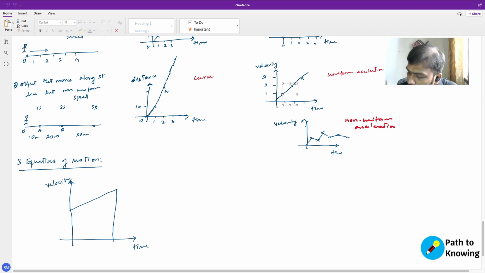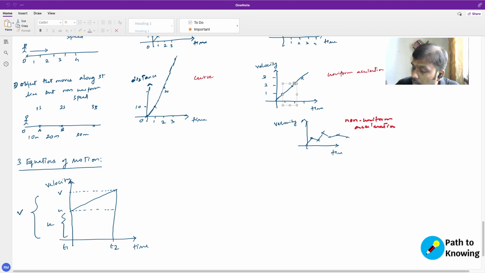So if you call the start time t1 and the end time t2, and this is going to be your initial velocity, which we'll mark as u, and if we denote the final velocity as v, so this one is u, and this entire thing is v.